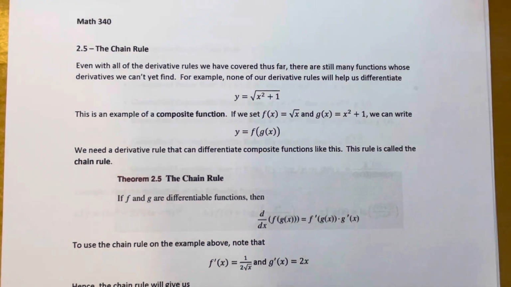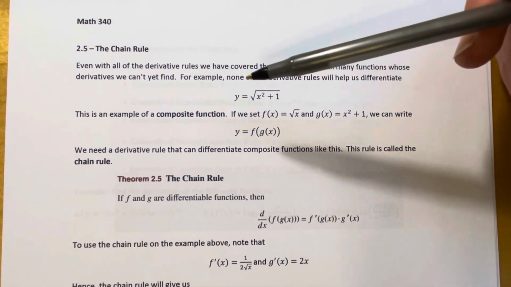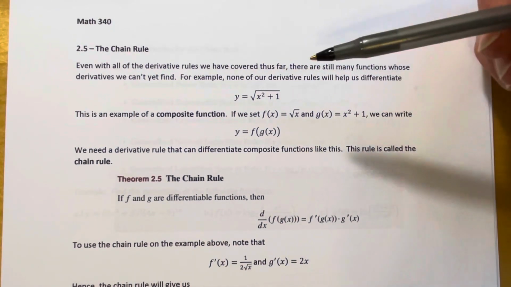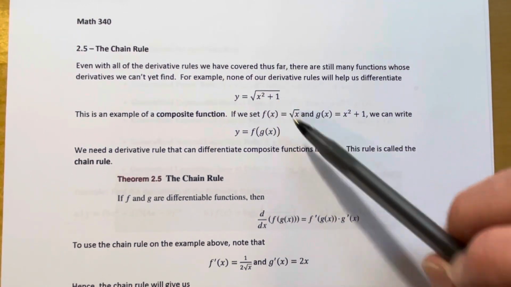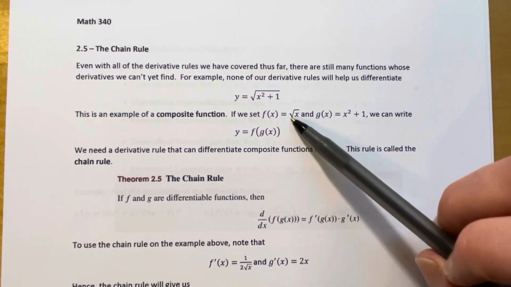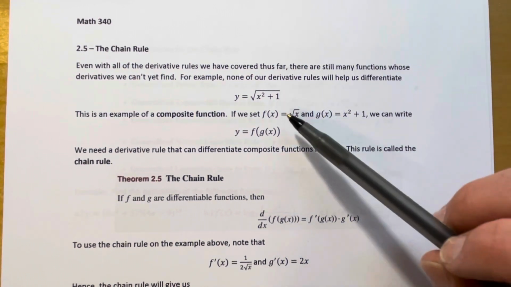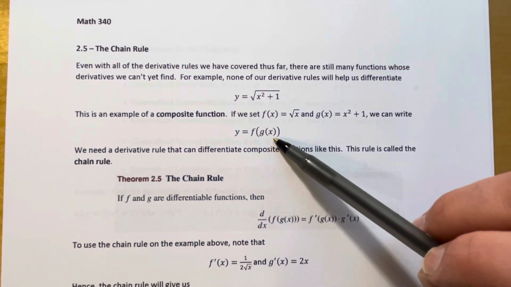And the chain rule specifically applies to what we call composite functions. Functions that are formed by using function composition. So if we define two functions related to this one, f of x equals the square root of x and g of x equals x squared plus 1, then this function can be written in the form f of g of x.